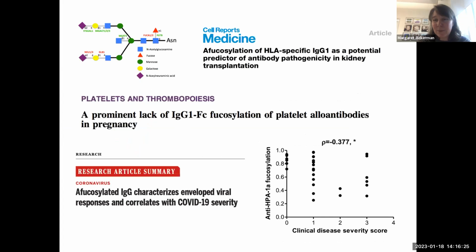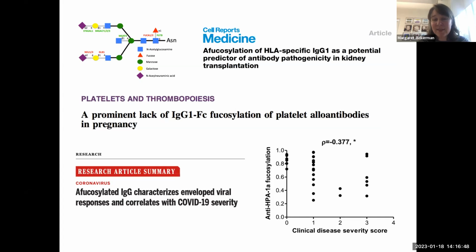And I think many people like to gloss over this complexity, especially the complexity that's not encoded in DNA. It's not templated. But here are a few examples of the impact of that little red triangle. So fucose, illustrated on the antibody glycan structure at the top left.